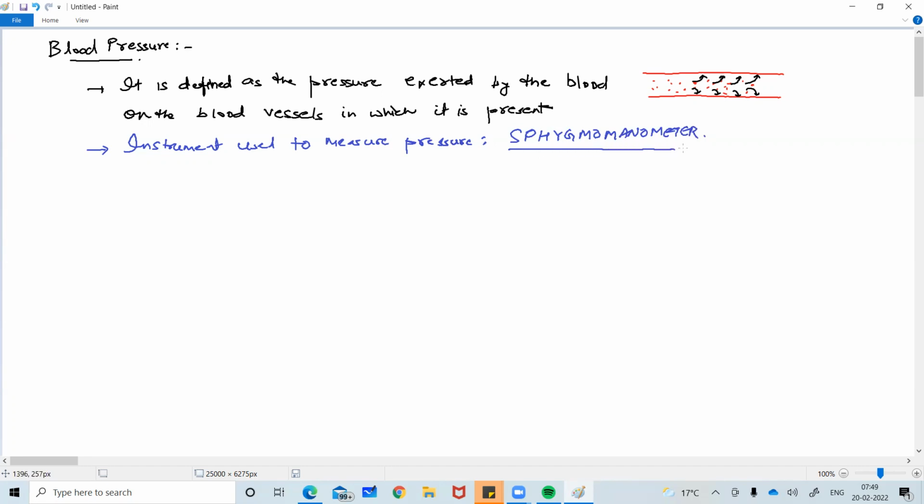And this is the machine which was first discovered by a scientist called Carrot in 1905. That was the first major invention, you can say, in the field of medicine, because earlier it was very difficult to check the cardiac problem, because people were not aware about the instrument, how to measure the pressure.